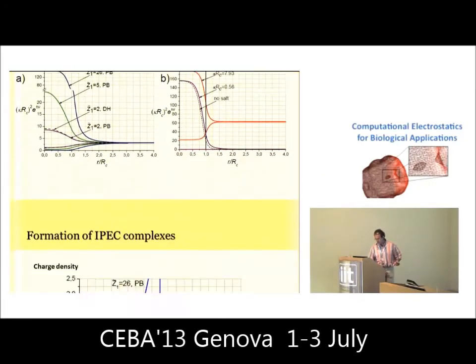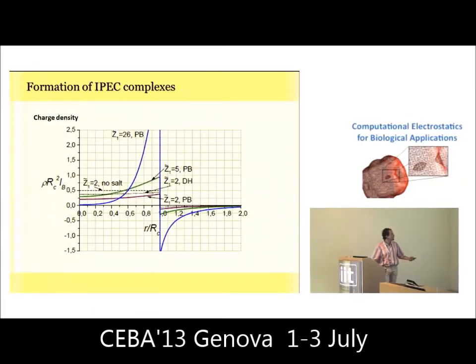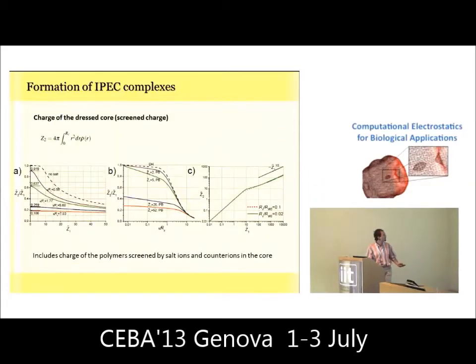Then we can also get the charge distribution inside the core, and we also have three different charges. This is the effective charge.